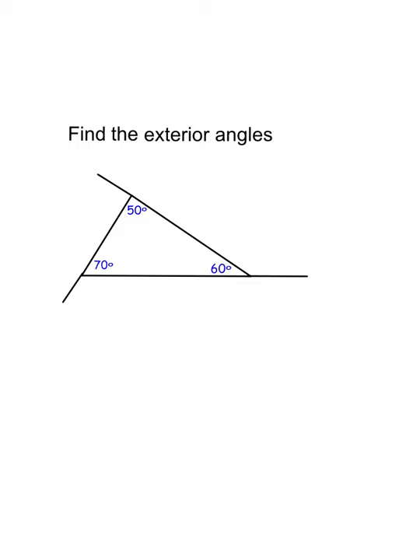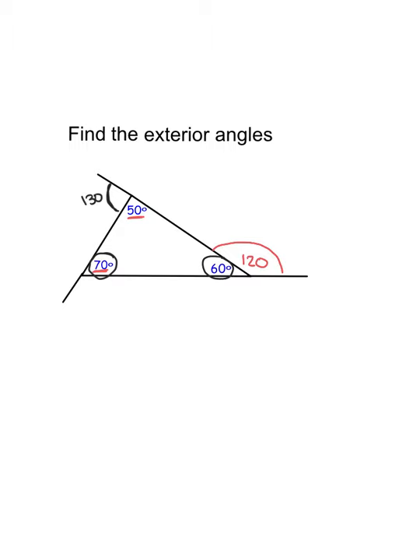So if we look at that rule and we apply that rule, if I wanted to find this angle here, all I have to do is add up 70 plus 50. That's 120. If I wanted to find this outside angle here, I'm going to go to the two angles inside, and 70 plus 60 is 130.